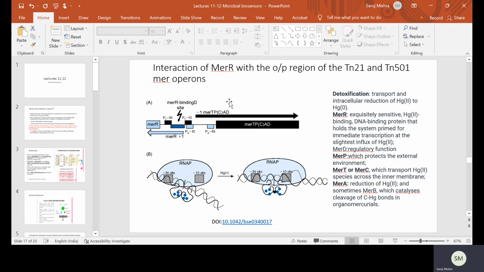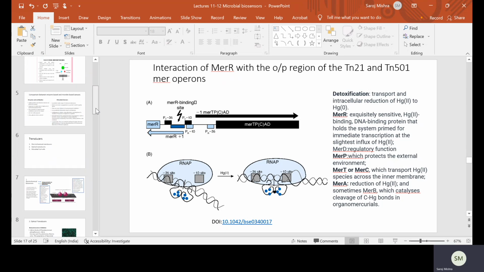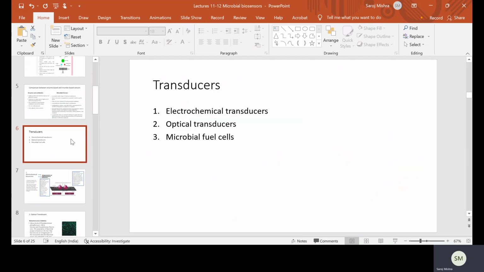So now, very quickly, that is an optical biosensor. Before I go to the next example, just recall that for microbial biosensors, we talked about electrochemical transducers, where you had either amperometric or potentiometric detection, or optical transducers, where the signal between the analyte and the receptor is converted to something optical in nature.